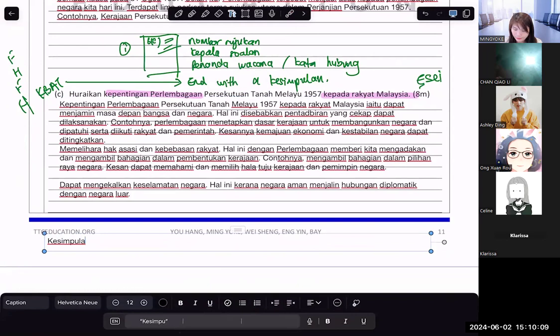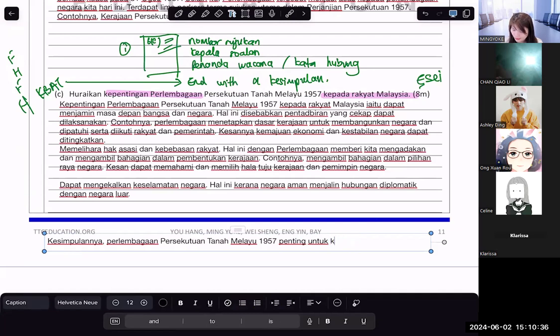Kesimpulannya, perlembagaan Persekutuan Tanah Melayu 1957 penting untuk rakyat.